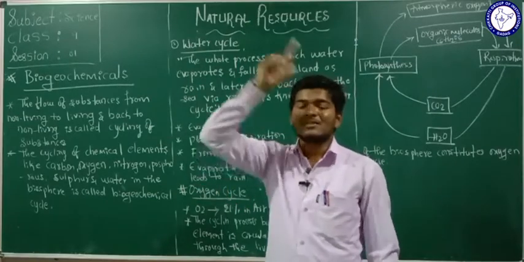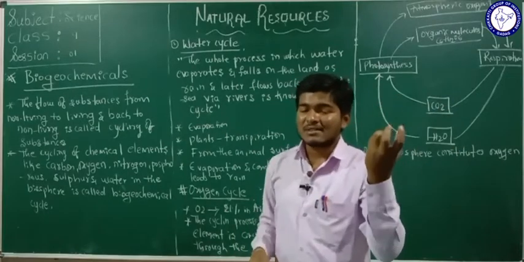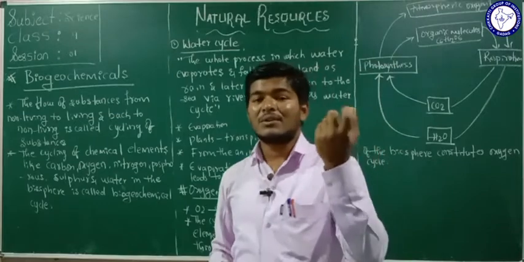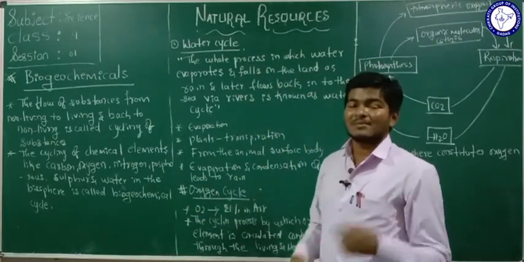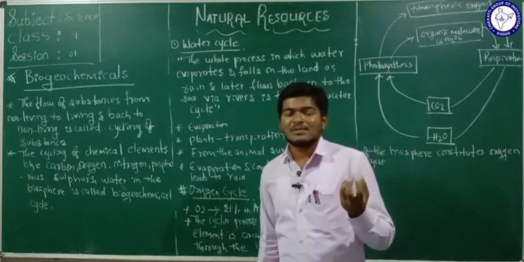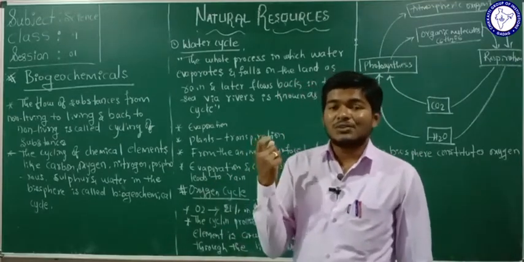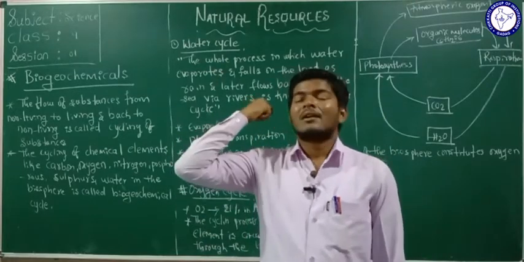The continuous supply of these chemicals present on the earth's surface goes on continuously. So what are these chemicals? Some of the gases we are going to see. For example, oxygen. Oxygen is utilized by all living organisms and is taken from the atmosphere.